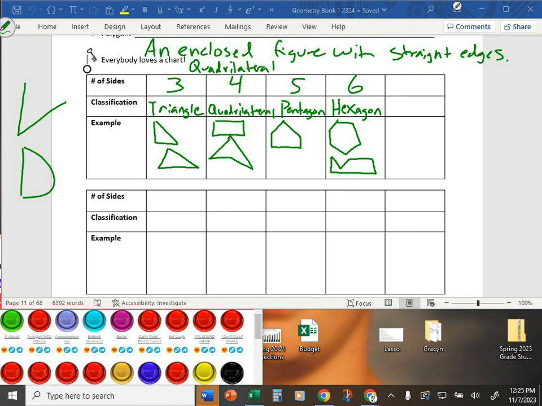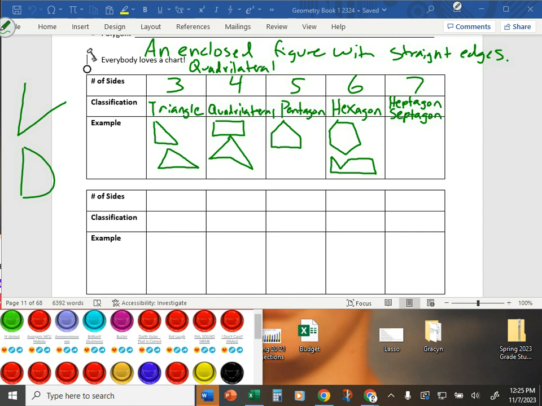7. Here's where things get a little bit interesting. I'll explain why in a little bit. What's 7? Heptagon. Also septagon. A heptagon or a septagon. It does not matter which one you put.